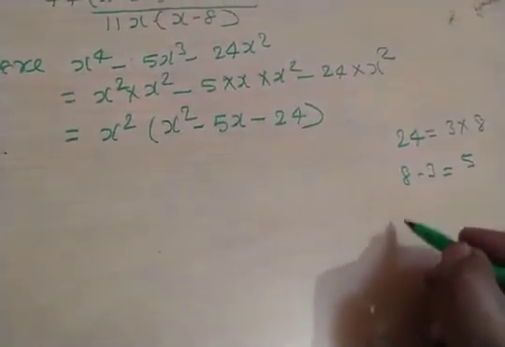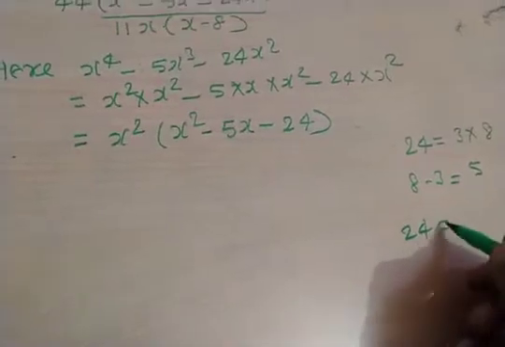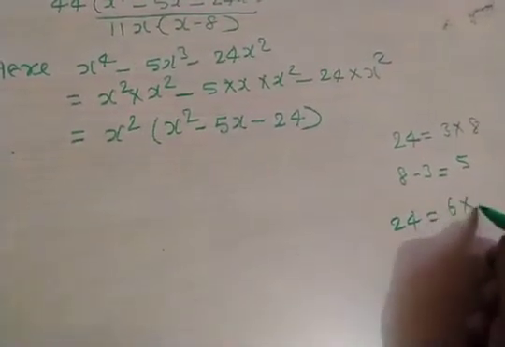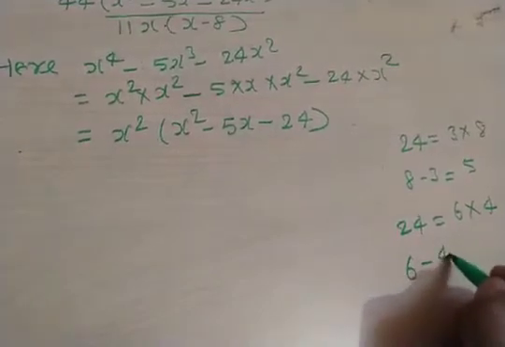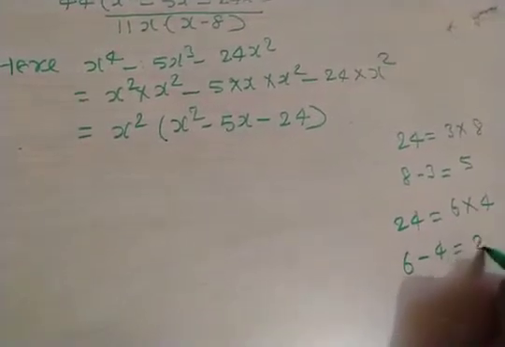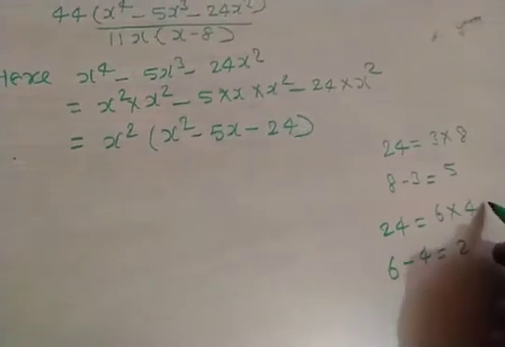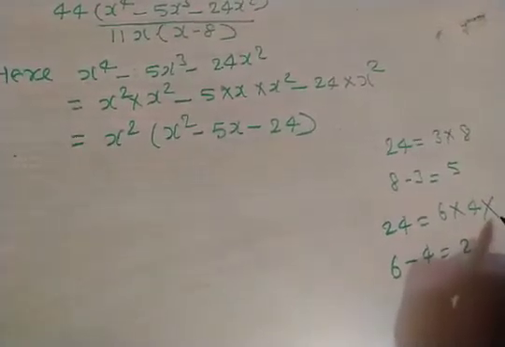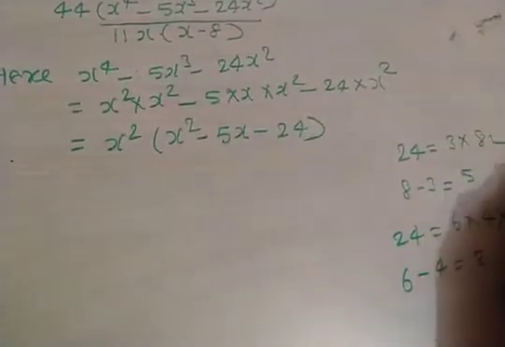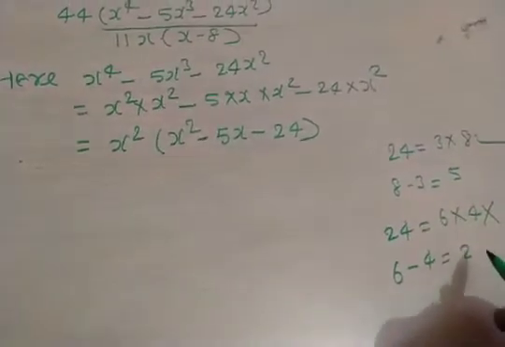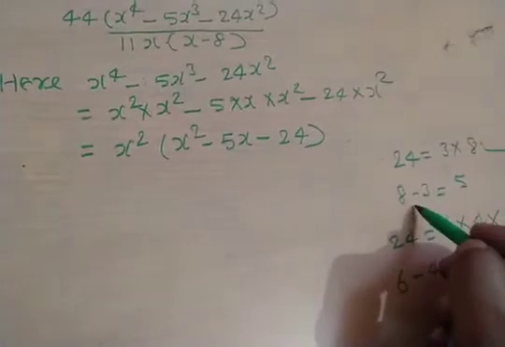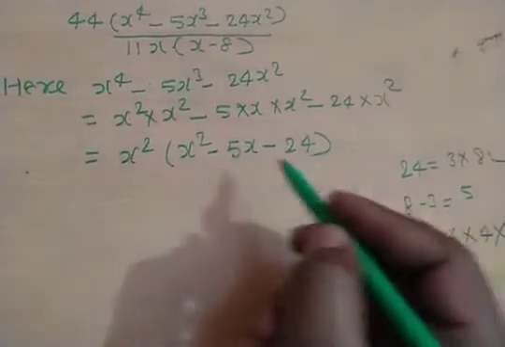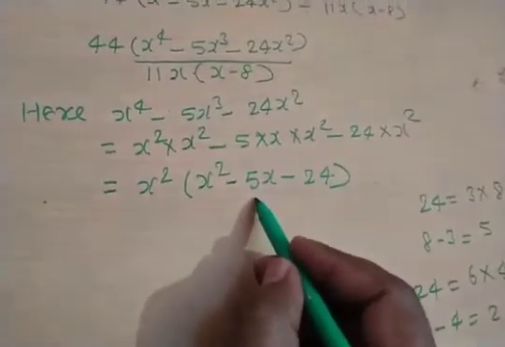We also know the factor of 24 is 6 into 4, but their difference is not 5, so we don't take this factor, we take this factor. Clear? You can see here the factor of 24 is 3 into 8. Their difference is 8 minus 3 is equal to 5. This is the coefficient of x.